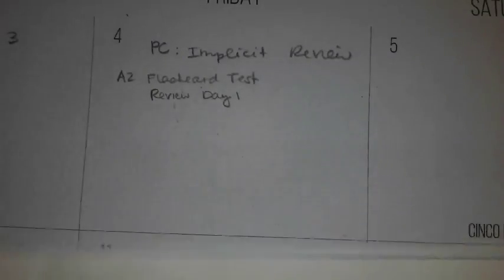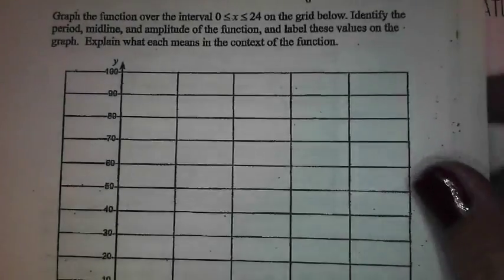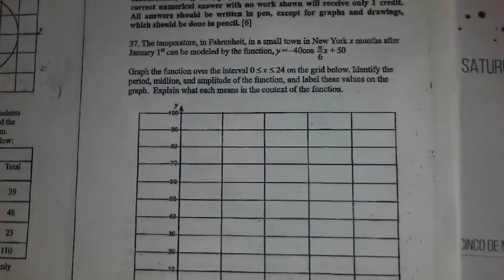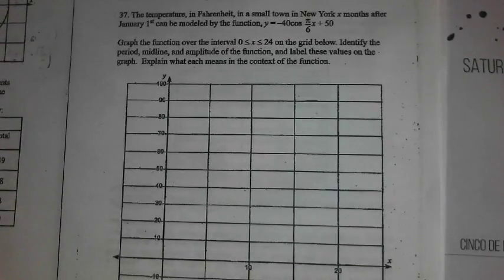Okay, let's jump to 37. Oh, good. You can do this one right on here because we have a chart to look at. And this is a 6-point question, so a lot goes into it. Temperature in Fahrenheit in a small town in New York, x months after January 1st.